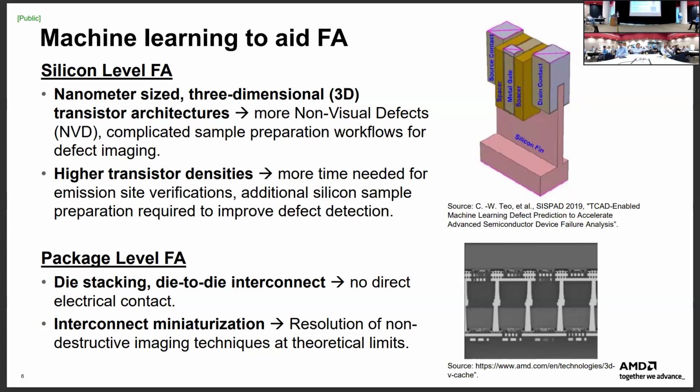At the package level, it is also not getting any simpler. Now you're seeing more and more die stacks. Like HBM, we have 12 stacks. You get to 16 eventually, maybe 24, who knows. And with die stacking, you can see these hybrid bonds over here. These are very small, 1 to 3 microns in size. And the worst part is there's no direct electrical connection to these for you to test.